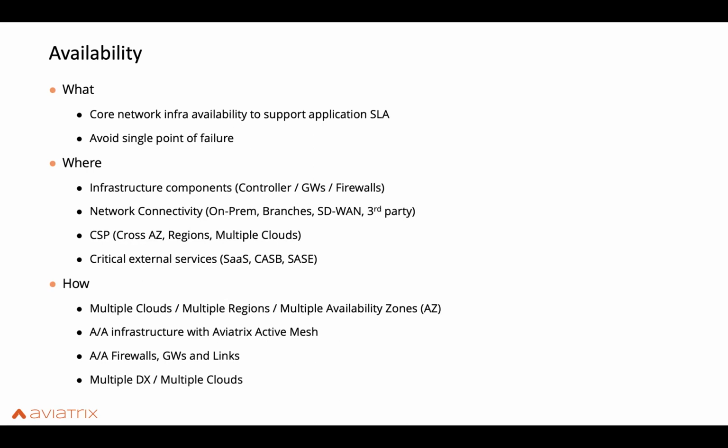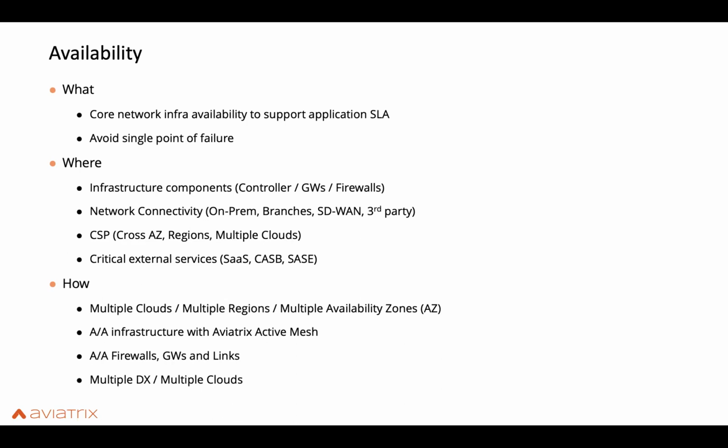So you have multiple links, for example, or multiple firewalls or multiple gateways in order to provide that availability. Now, I'm giving you some examples here. It's not exhaustive, so there could be more things you might take into consideration, but just for the example, where exactly you need to consider those availability elements.